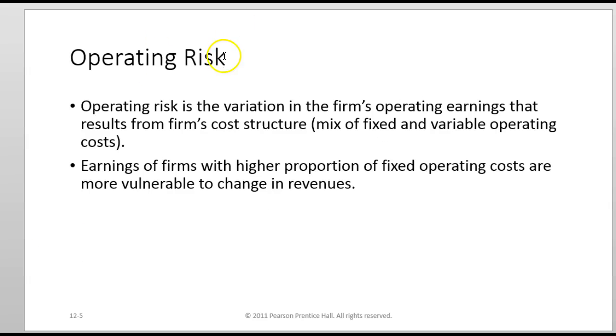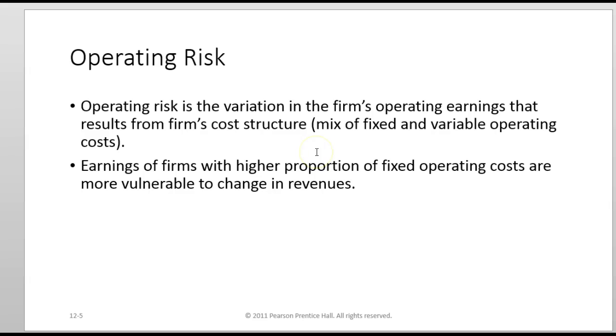Other factors is they're looking at operating risk, and operating risk looks at the mix between fixed and variable operating costs. It comes down to the break even, and it comes down to the contribution margin of your product to the profitability of your company.